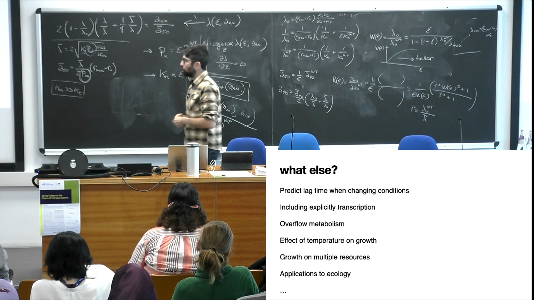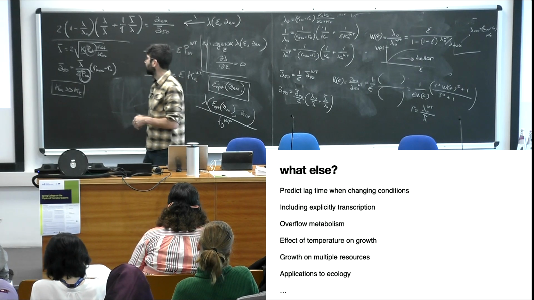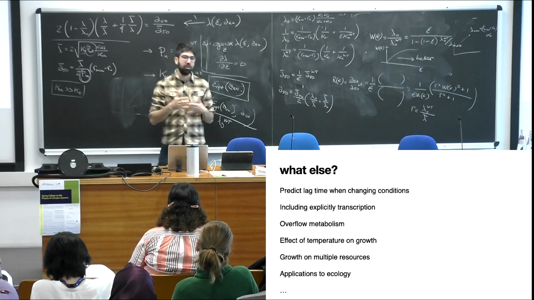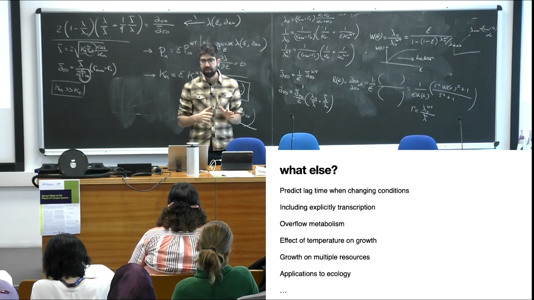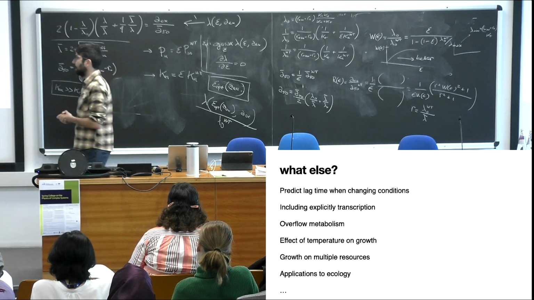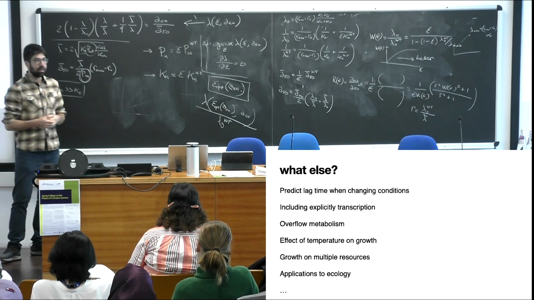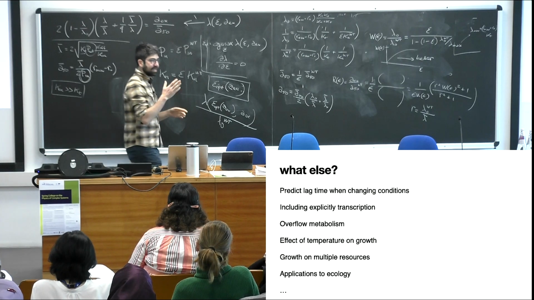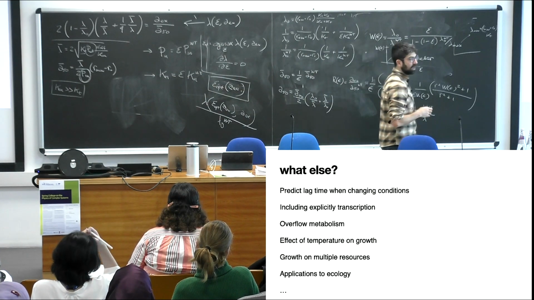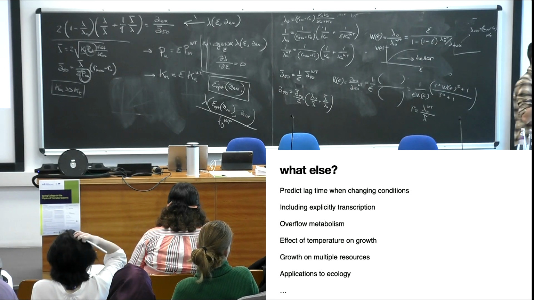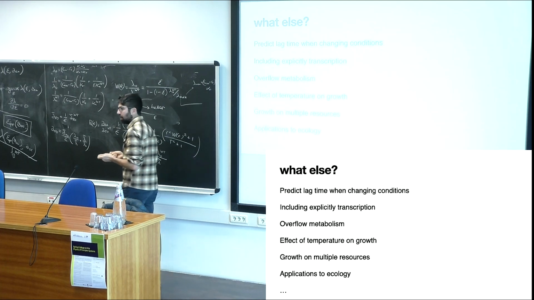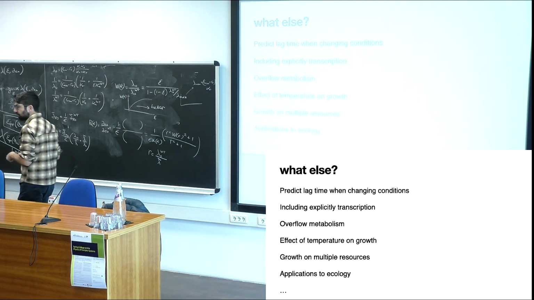You can use this framework to study the effect of temperature on growth, which mainly enters in this kappa T, but also in the fact that you need another sector to deal with the stress effects of temperature. We always considered a single nutrient at a time: how fast you grow in glucose, how fast you grow in glycerol, how fast you grow in succinate, etc. You can say, suppose I have two different nutrients at the same time, and the bacteria grow on both of them.